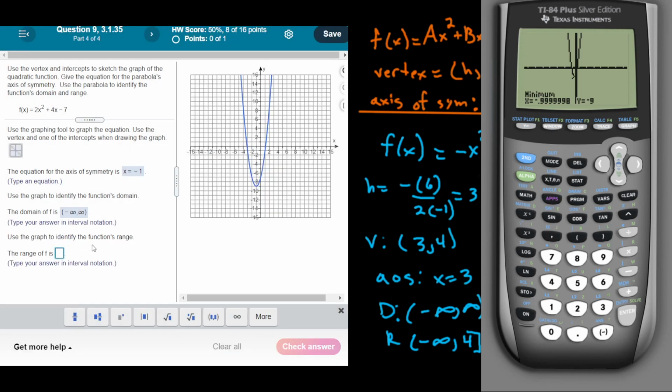Range is your k all the way to infinity because it's going up towards the sky. So it's your k, with a bracket like that. K is negative 9 all the way to infinity.